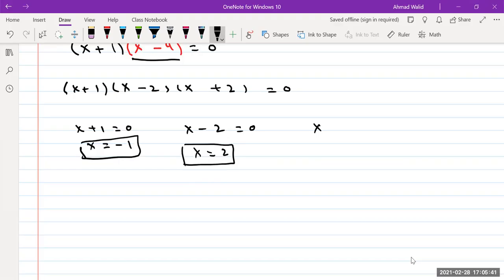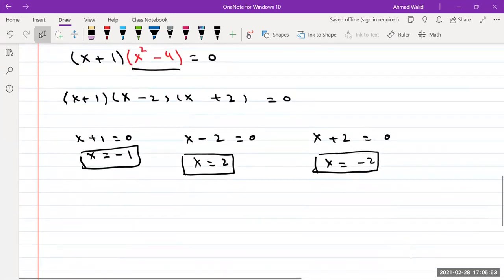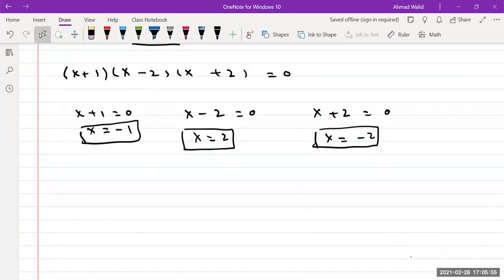And the last one, x plus 2 equals 0. It means x equals negative 2, the third solution. You see, you were dealing with a cubic equation, and you have three solutions for your cubic equation. Correct? I solved this problem using the grouping factoring.